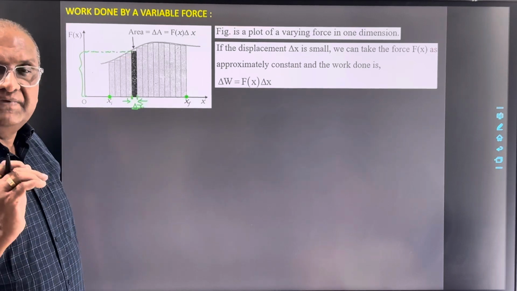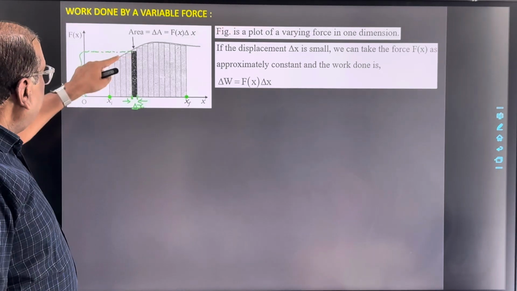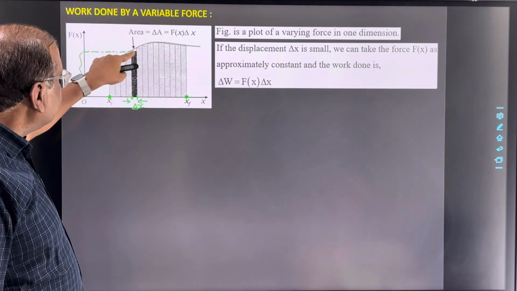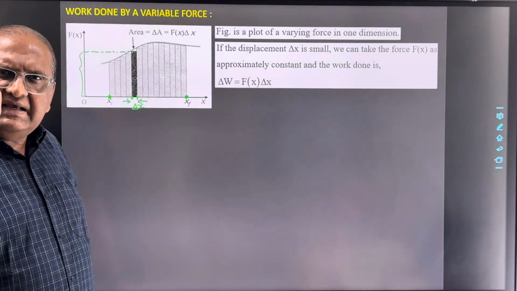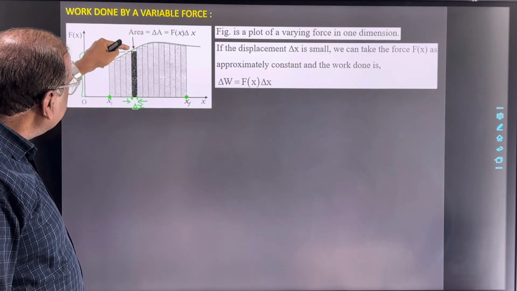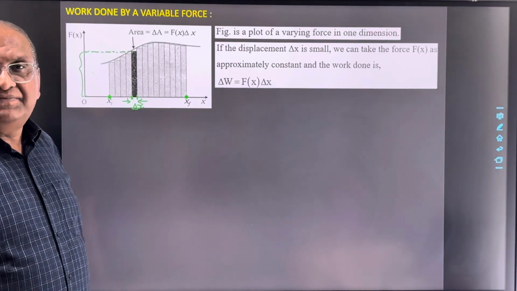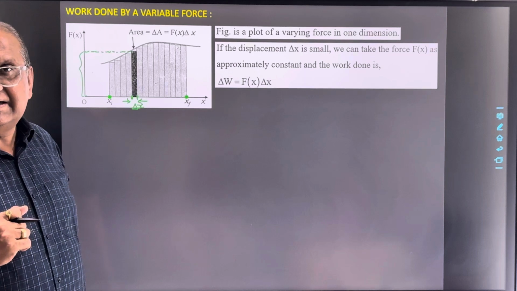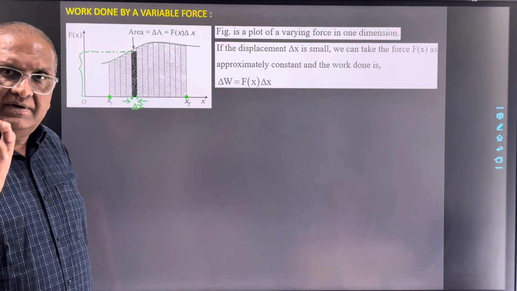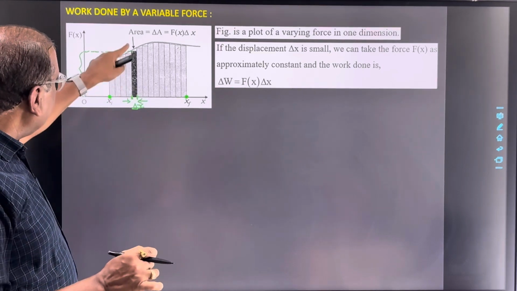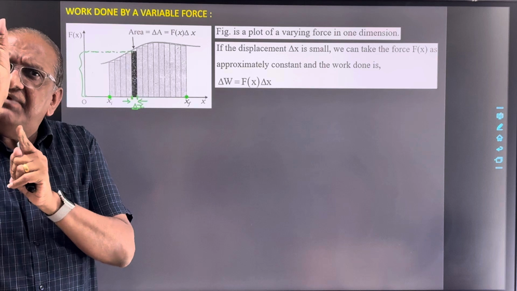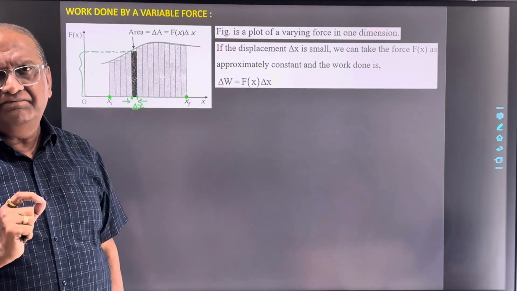But here see, you think like this: there is a much small area out of the strip, which is under the graph, and that is not under consideration. But as I mentioned earlier, we have to consider this particular strip very thin in width.